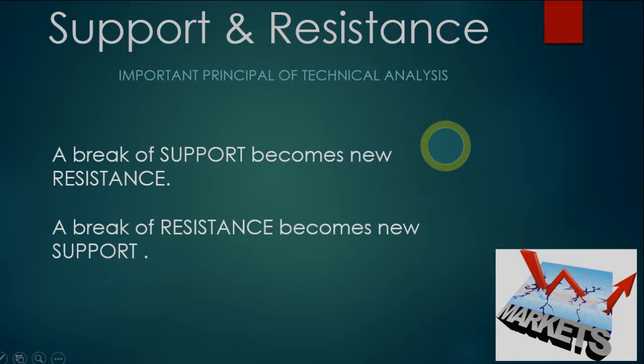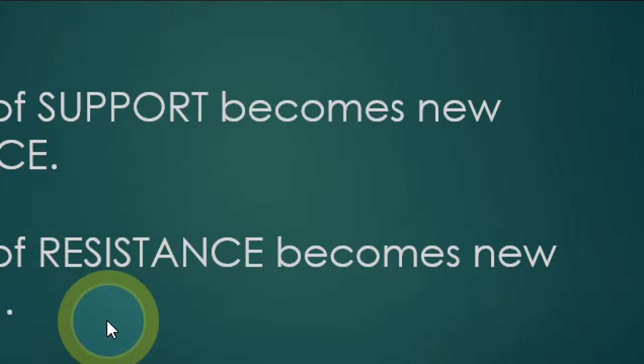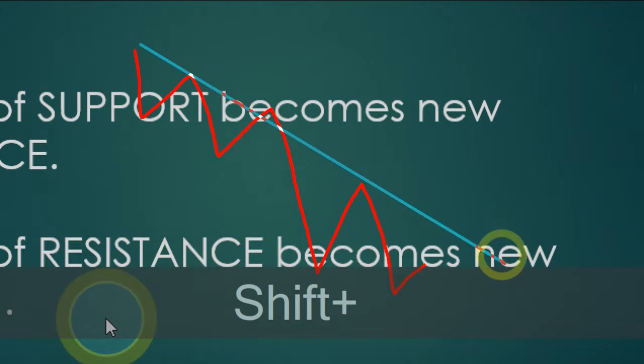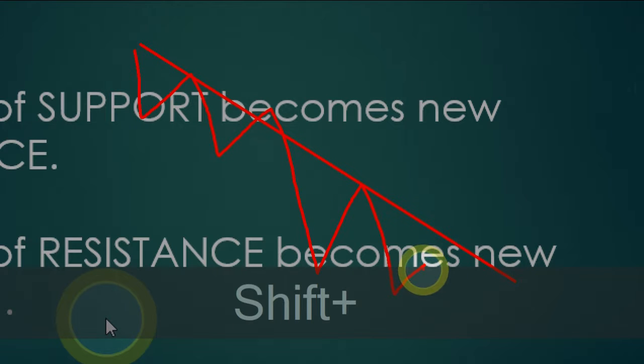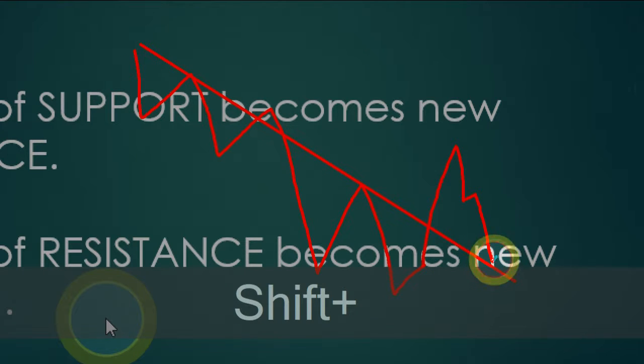Now you've seen this before. We've shown this before, like on a downtrend, we'll draw a diagonal down. Let's say price is doing this, and you'll see me come in and draw a diagonal like this. And then when price pops out of there, it tends to pull back to the diagonal and then go.